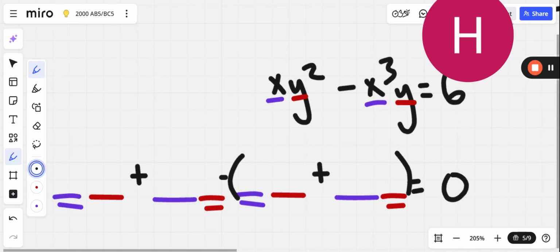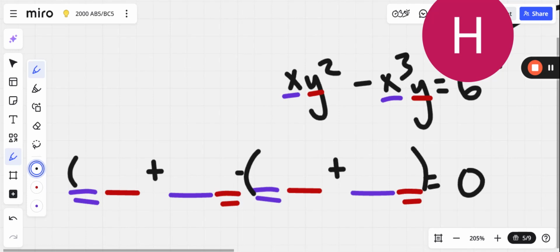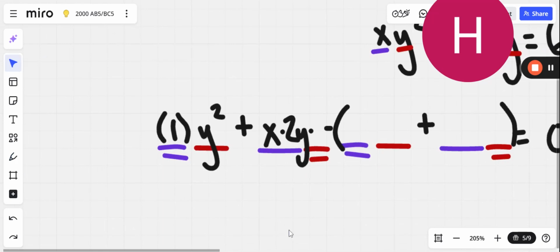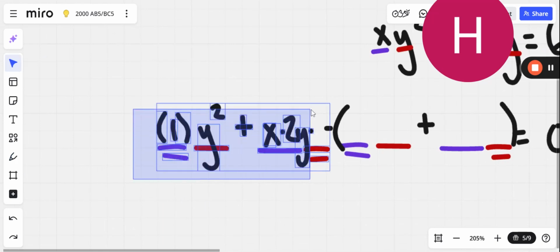So let's go ahead and put these into place. We have 1, of course, and y squared. Now, whenever we take a derivative of y stuff, we're going to use the chain rule. So we're going to have 2y, which would be the normal derivative of something like x squared.